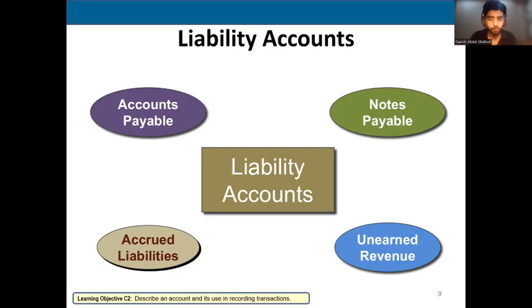So the amount I have taken will be a liability on me in terms of unearned revenue. I have to provide them service in the near future. Any amount you have taken and you haven't provided the service yet is your unearned revenue. You haven't earned it yet. You earn it when you provide the service.